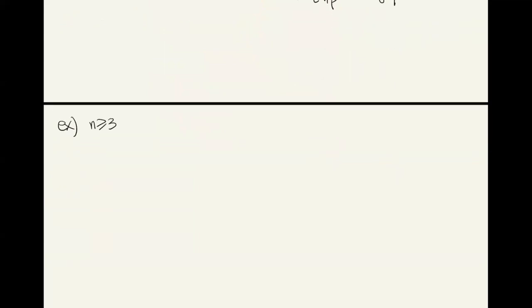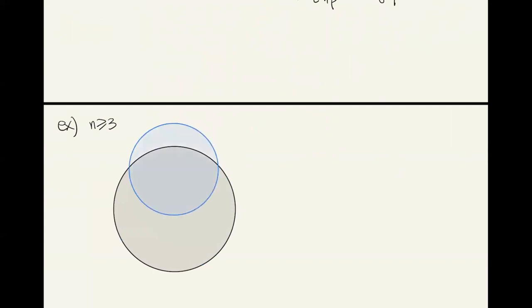Then we can consider the intersection between the sphere of radius 2 and the sphere of radius 1. Then the intersection will be a lower dimensional sphere, the intersection between these two spheres of different radius.